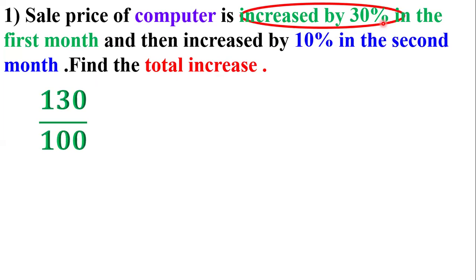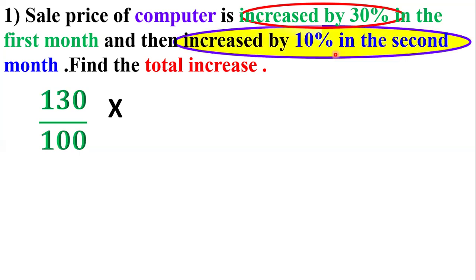Since this is compound percentage, we need to multiply to find the total percentage change. In the second month it's increased by 10%. Increased by 10% means the percentage will be 100 plus 10, therefore it will be 110 over 100.